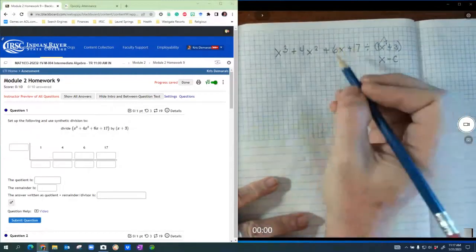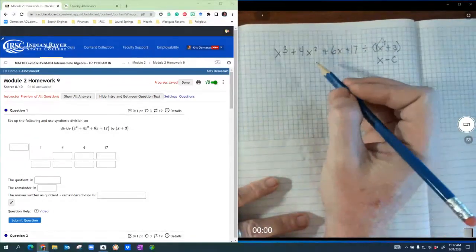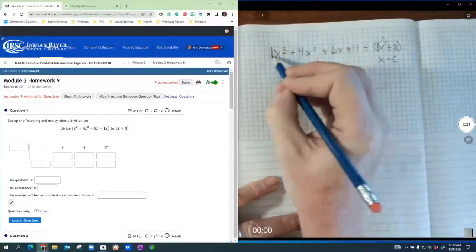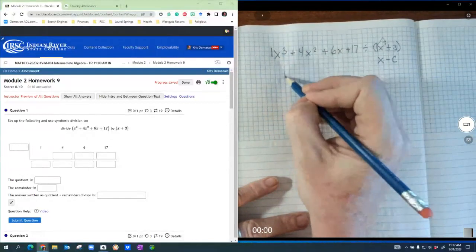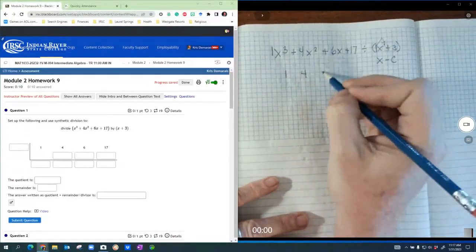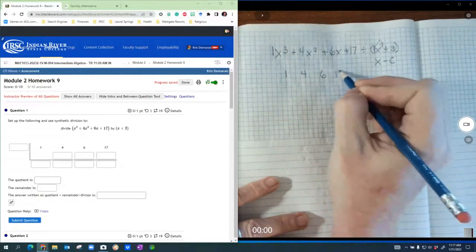Now, in this process we take the leading coefficients that are right here and write them down. Let's say we got 1, 4, 6, and 17.